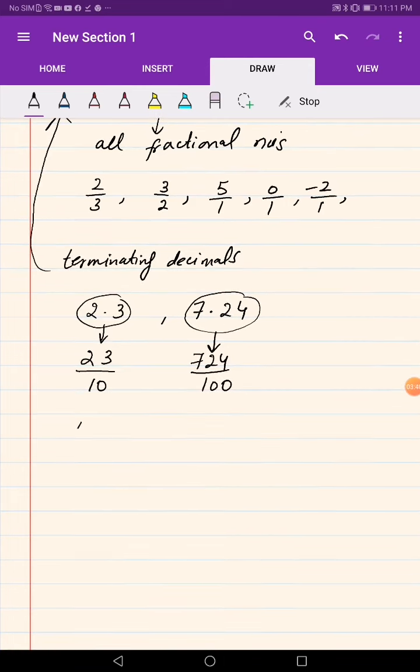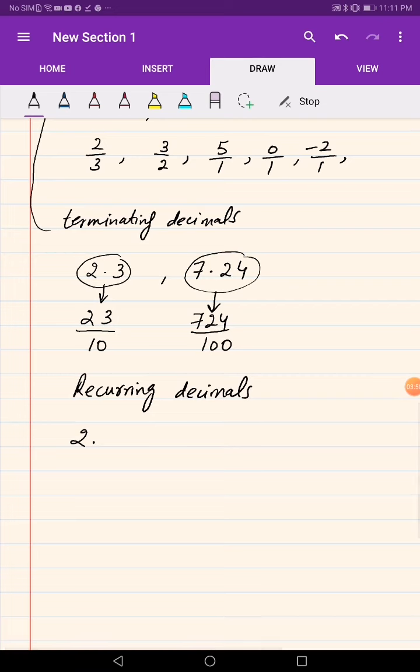Another one is recurring decimals. Maybe you have seen 2.3333333. It keeps going, and sometimes we write 2.3 with a dot. In this case a block of digits keeps repeating after a certain number of digits, and they are called recurring decimals.